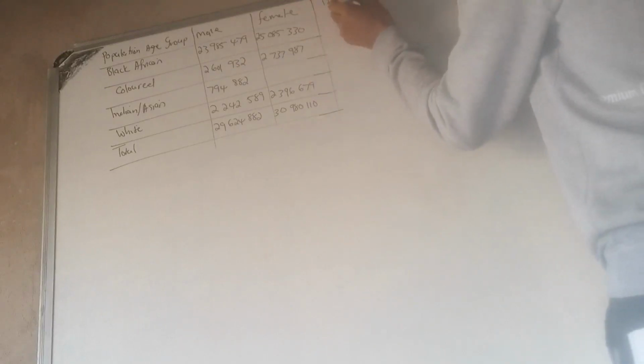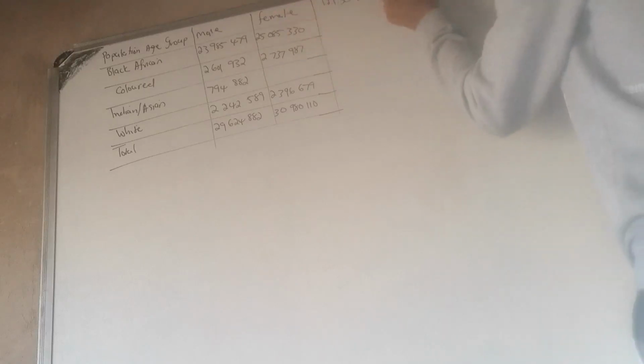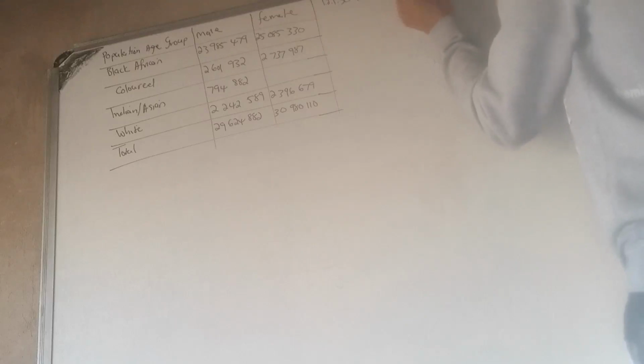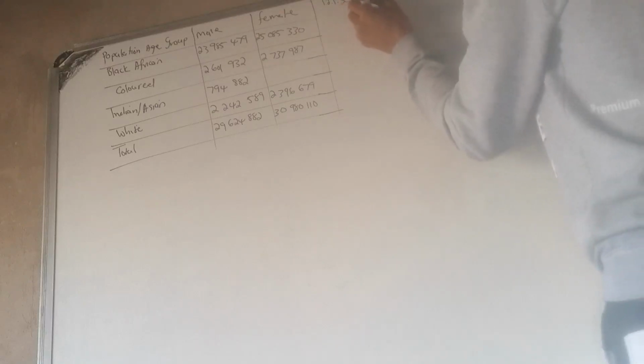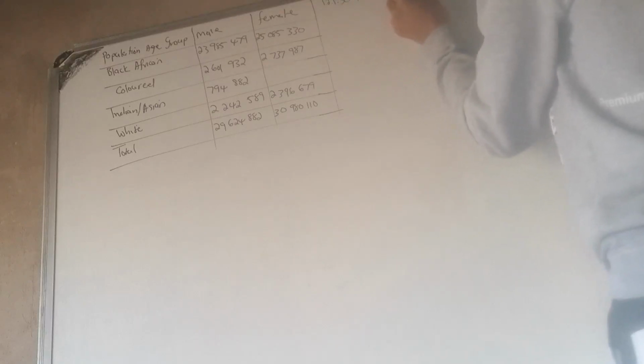Somebody would do it this way in 1.2.1: 30,980,110 minus (25,085,330 plus 2,737,987 plus 23,96,679).